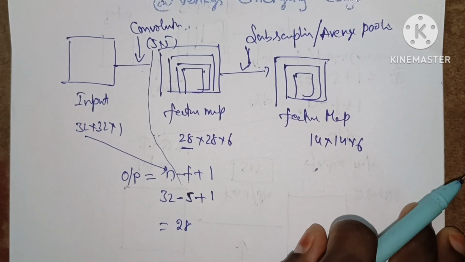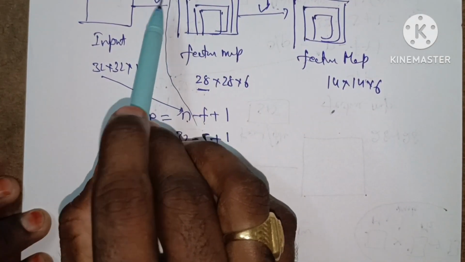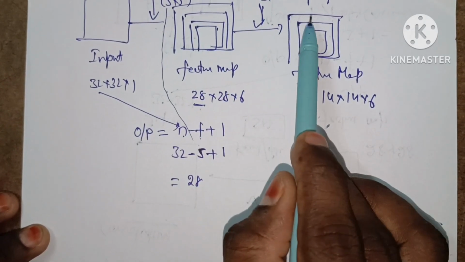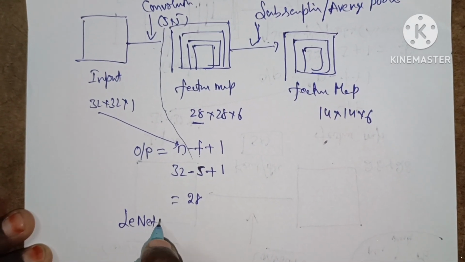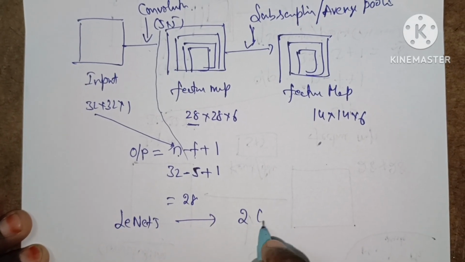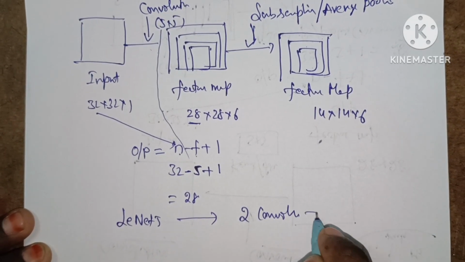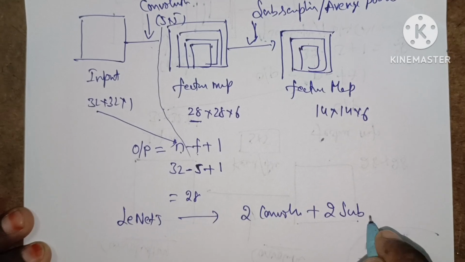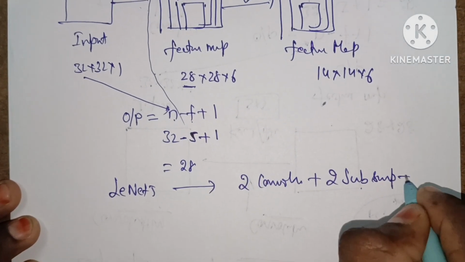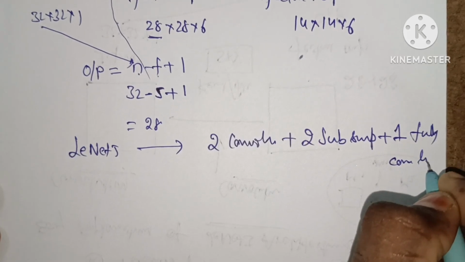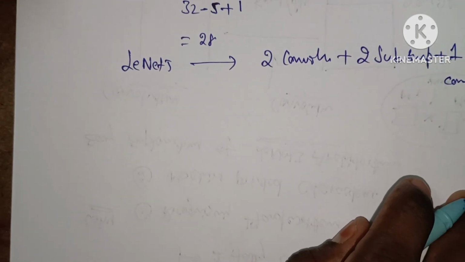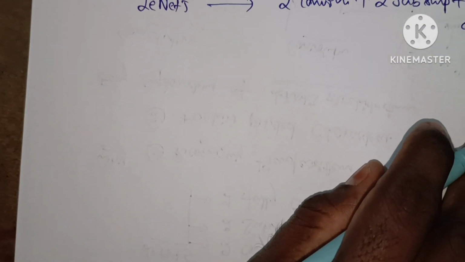Is it clear? These are one convolution operation and one subsampling. But as per the definition, LeNet5 contains two convolution operations plus two subsampling operations plus one fully connected layer. Then we can draw the complete architecture of LeNet5. Clear?